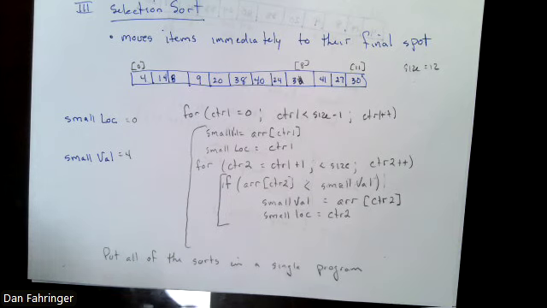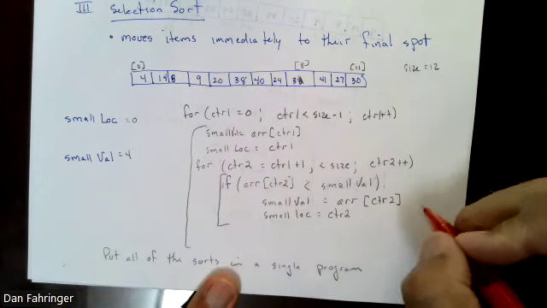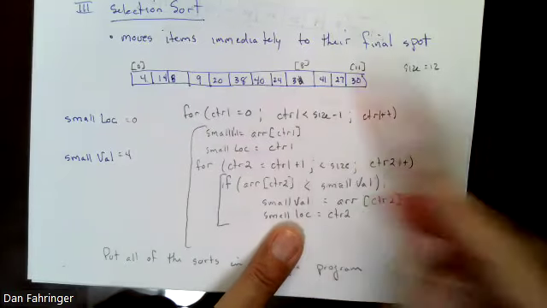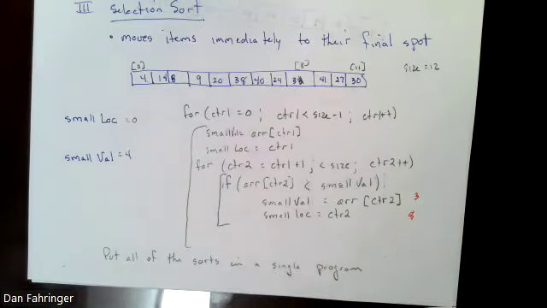This guy became a 3. And the location would be from that location 8. So it got the value of 3. It's located at location 8. It's got the small value of 3. It's located at location 8.